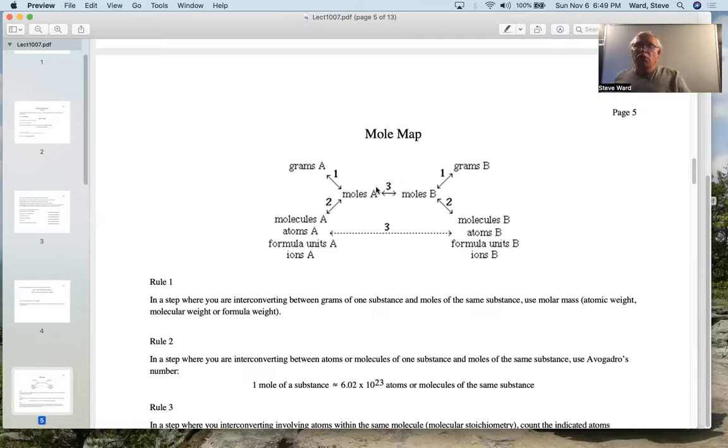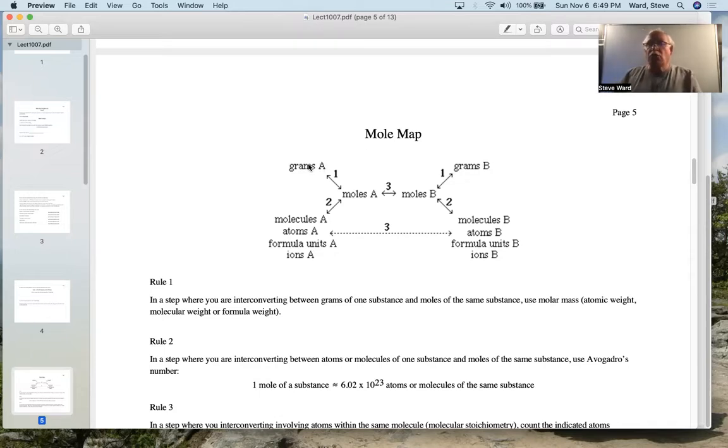You can only do conversions that have words connected by lines. So, for example, we're allowed to convert from grams of A to moles of A, but we're not allowed to convert from grams of A to grams of B because there's no line there.